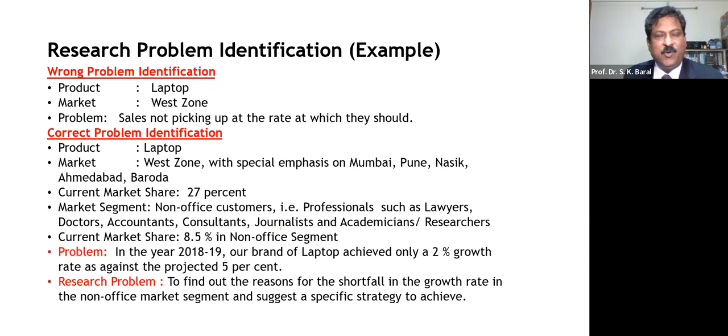Whenever you are studying the literature, you must keep all those things in your mind. If any literature is not pertinent to the statistical data, or you are not getting information adequately, that literature review may not work properly for you. So that is why, what is wrong problem identification.